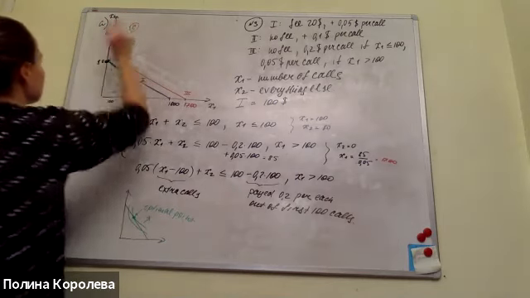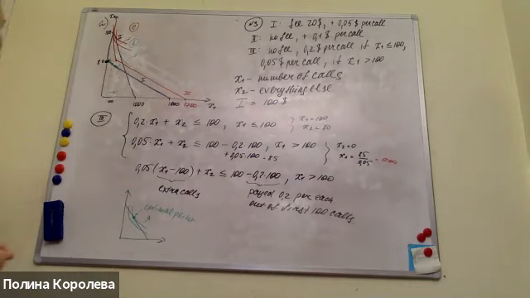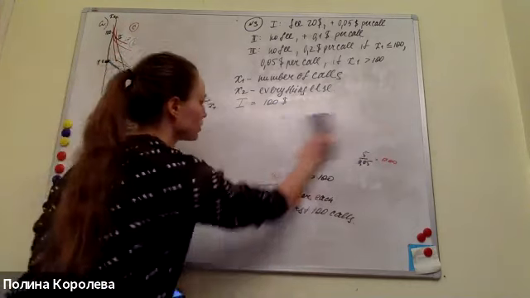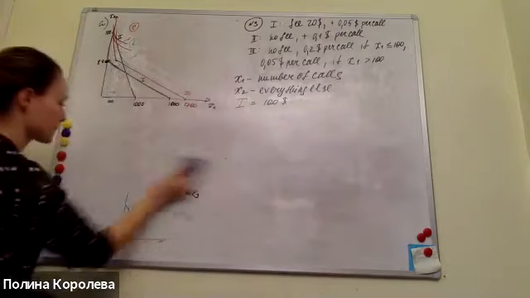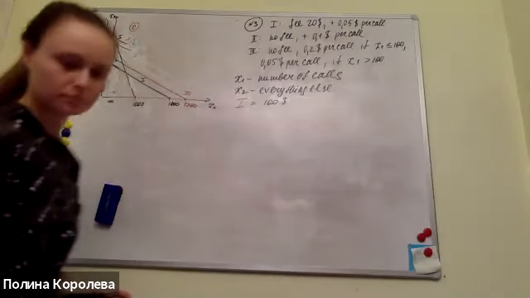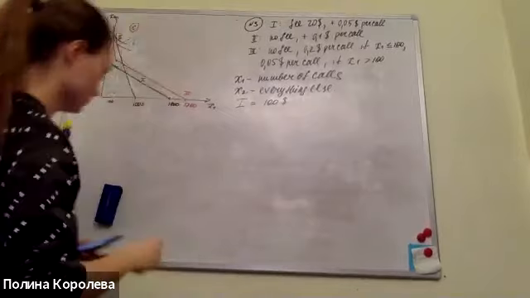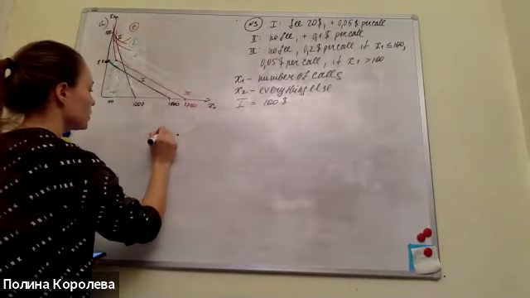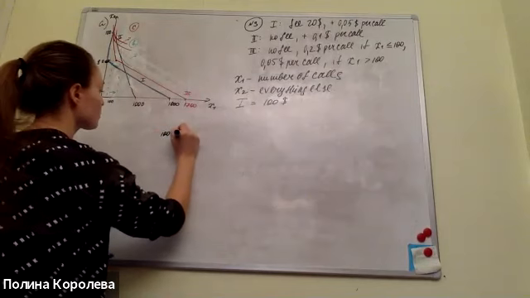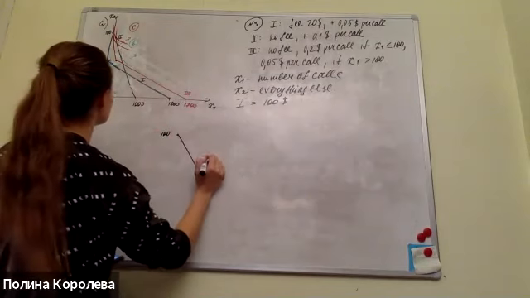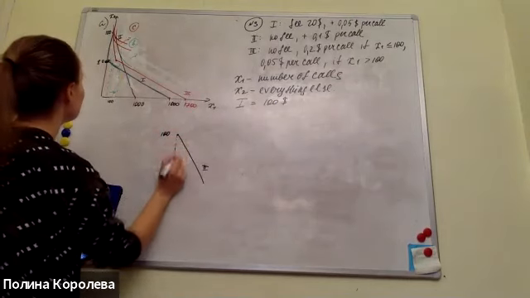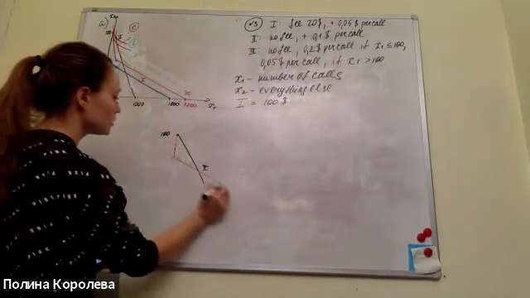This is for C. I think you don't see anything on this graph. Point C, I will draw one more time. Here 100. This is for option 2. For option 1, not like this.